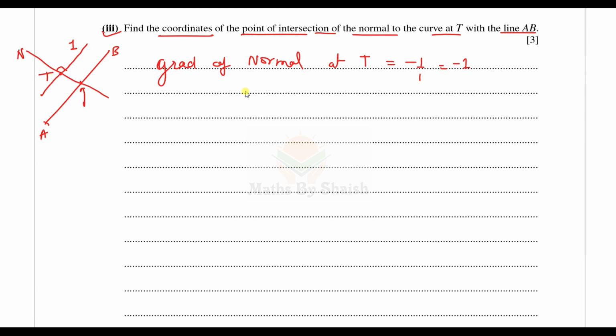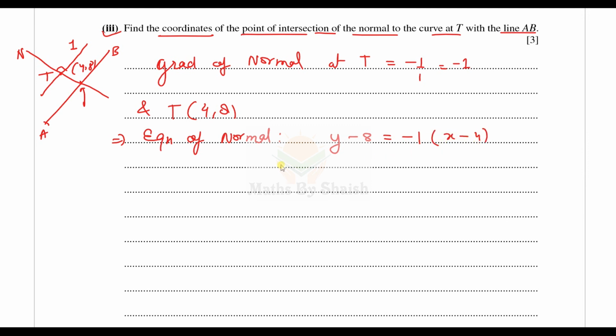Now we have the coordinates of T also, it is 4 comma 8. Once we have the coordinate and the gradient, we can always find the equation of the normal, that is y minus y1 is equal to gradient minus 1 times x minus x1, that is 4.